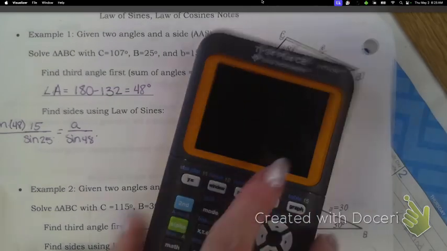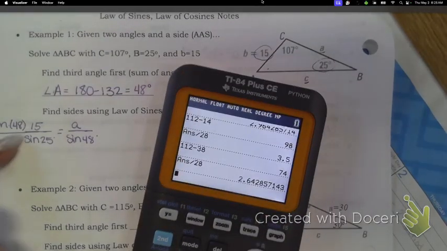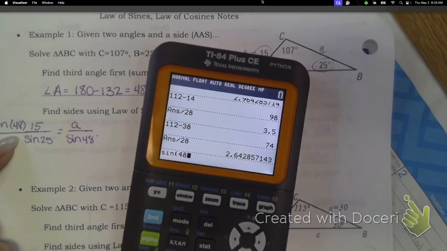So in your calculator all at one time, 15 sine of 48, divided by sine of 25.